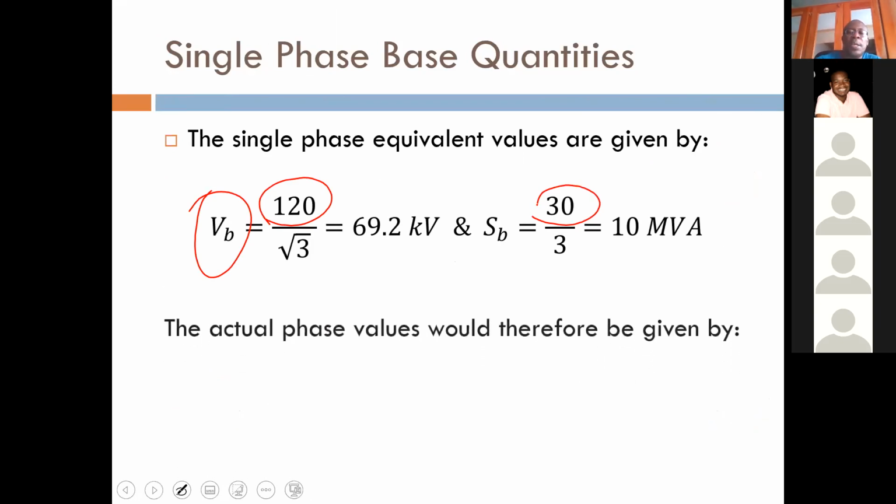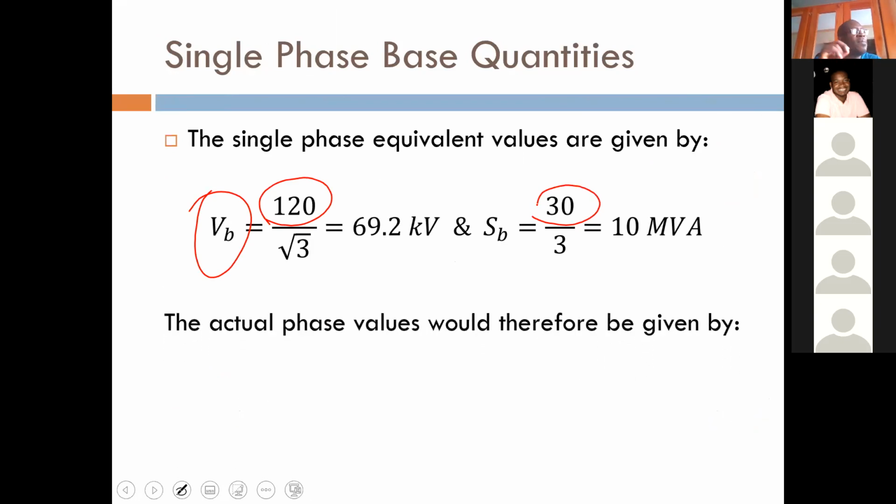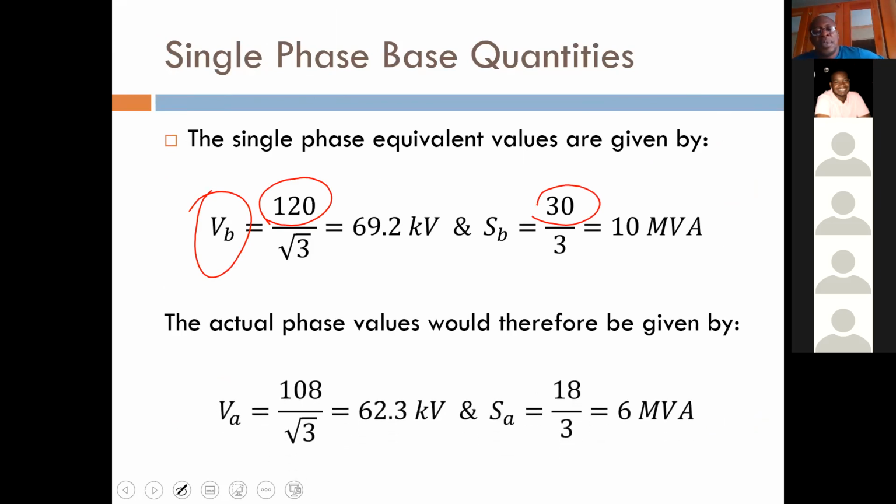If we then find the phase values for the actual that I had given, remember, the actual was 108 and 18, we would have 62.3 and 18 over 3. Obviously, since we're moving from three phase to single phase, we'll be dividing by root 3 or 3.